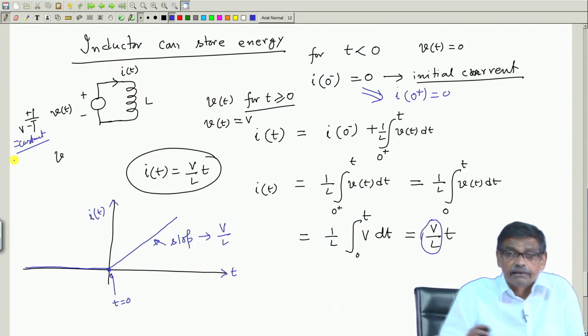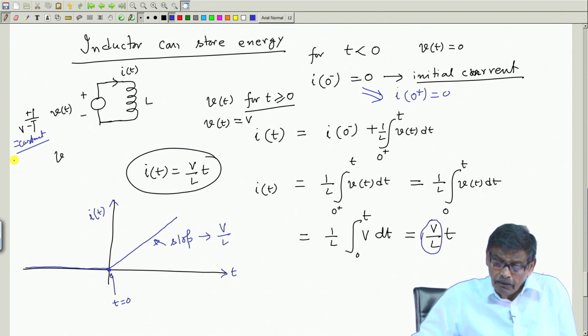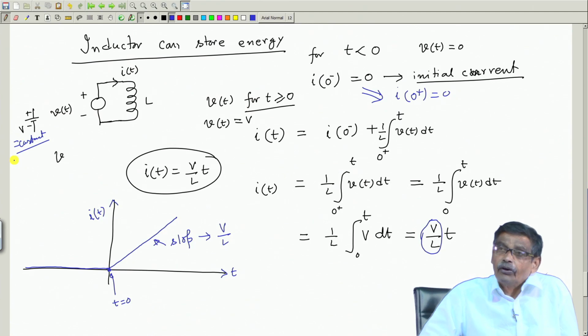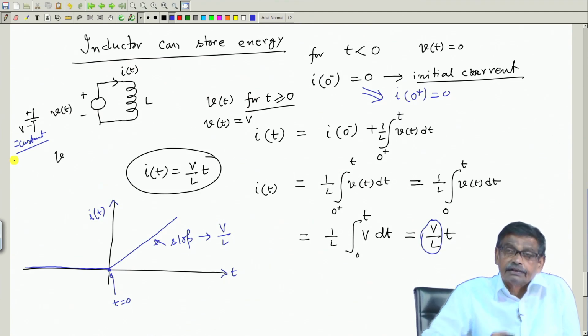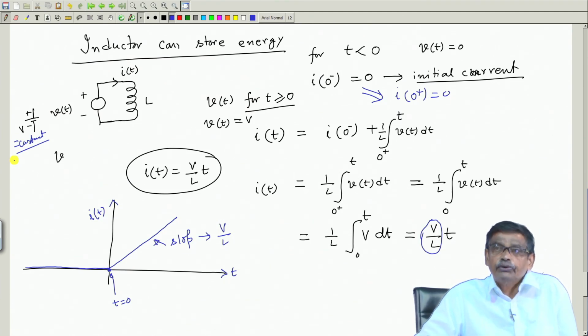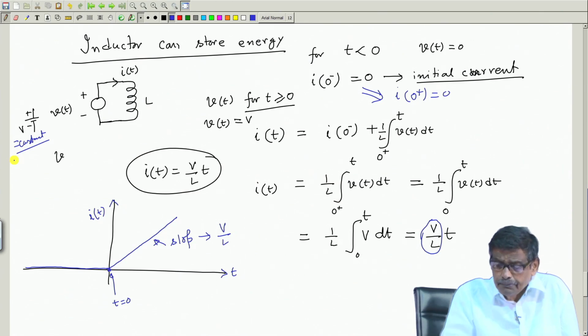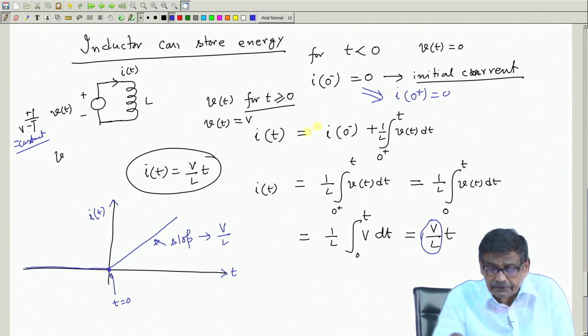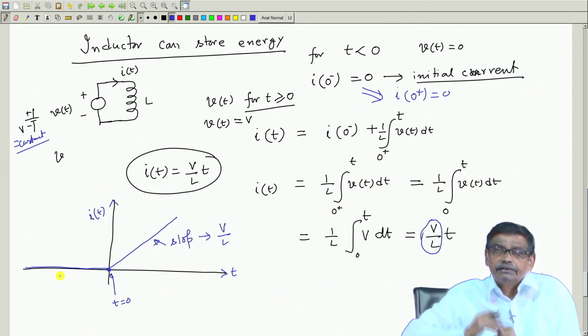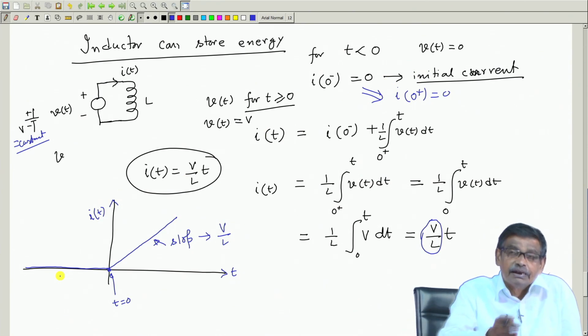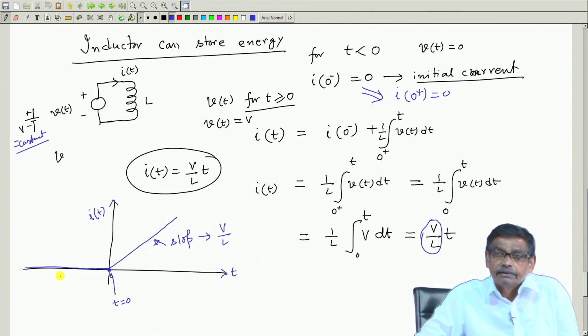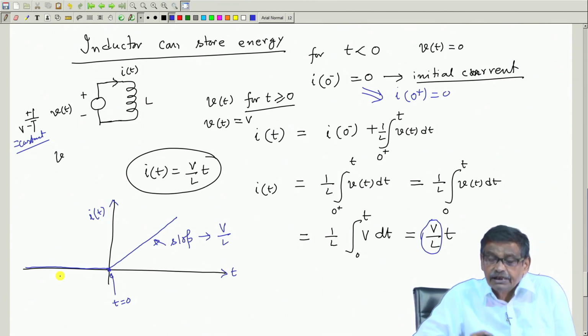To give a simple example, of course, you can easily see I should not apply a constant voltage across an inductor for long. If you do, what happens? As time passes, the current will go on increasing limitlessly. After all, you have made the inductor with a wire which has a definite cross section, it has a definite current carrying capacity.